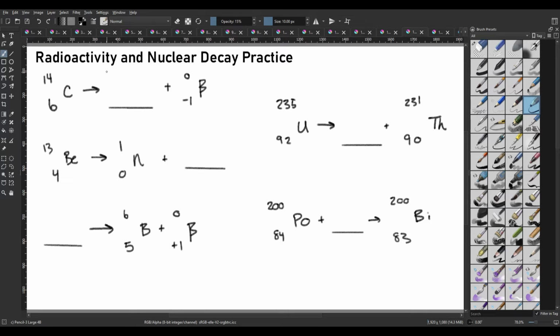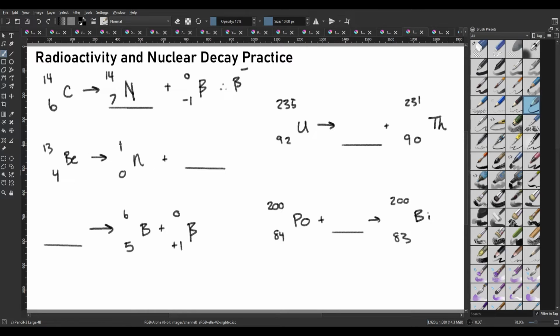And we have 6 over here. We have a negative 1 over here. How do we balance this? Well, this is going to be 7. And if we look at our periodic table, we're going to see that element number 7 is in fact nitrogen. And if we classify this, this is going to be beta minus decay.